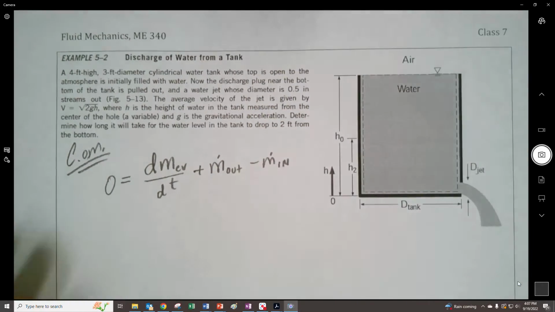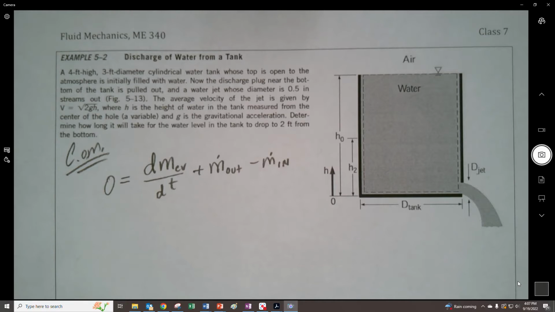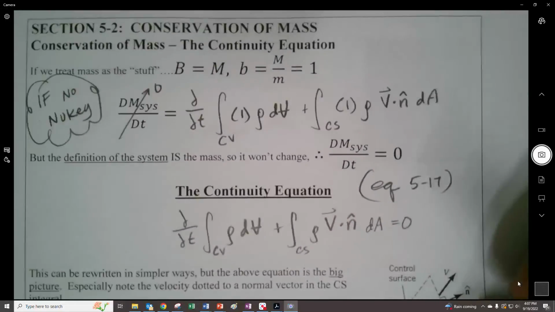Trying to make it look a lot like some of the stuff that we had when we were doing the equations for the conservation of mass, but let's see. Where'd we go? Yeah, it's basically this equation right here.